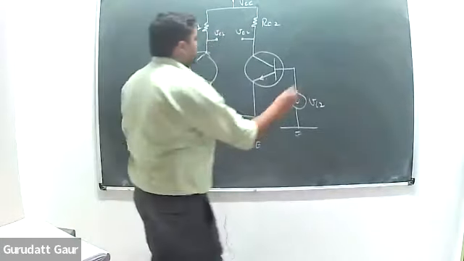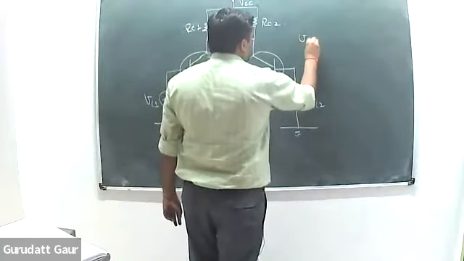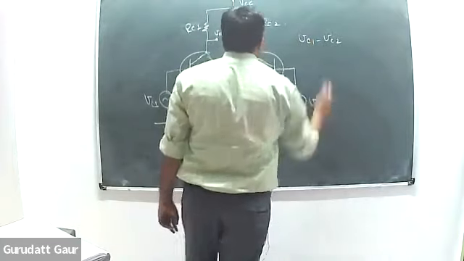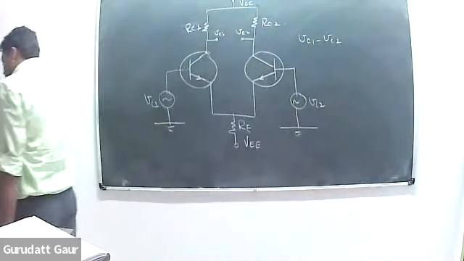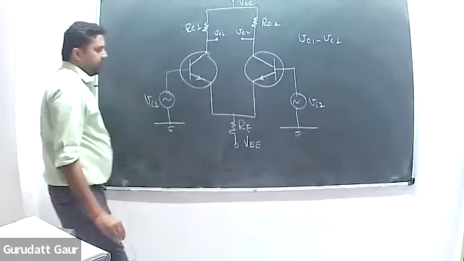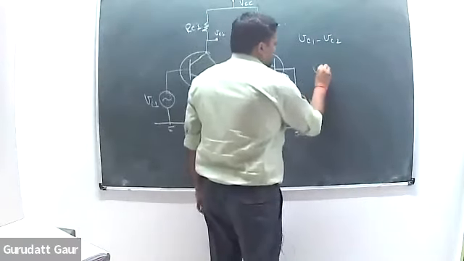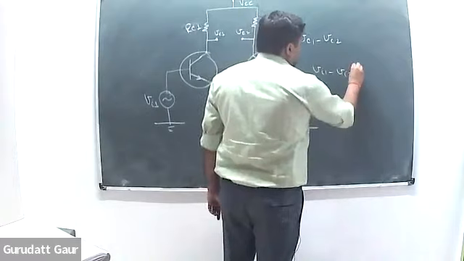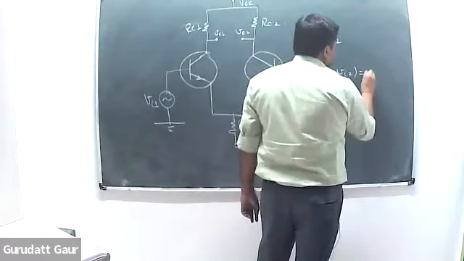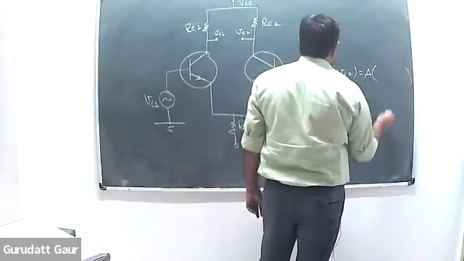So output will be what then, of both? It will be VC1 minus VC2, right? And input is VI1 minus VI2. And this input will get amplified by some factor, that's the gain.